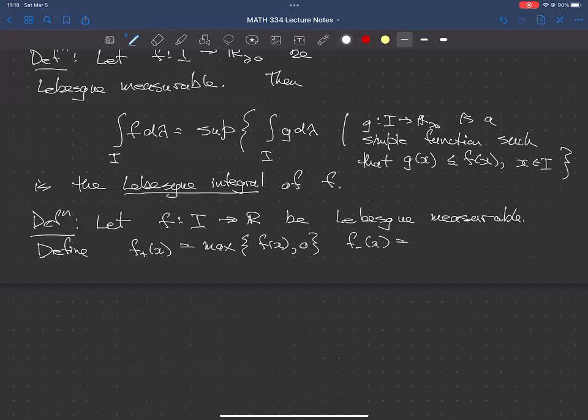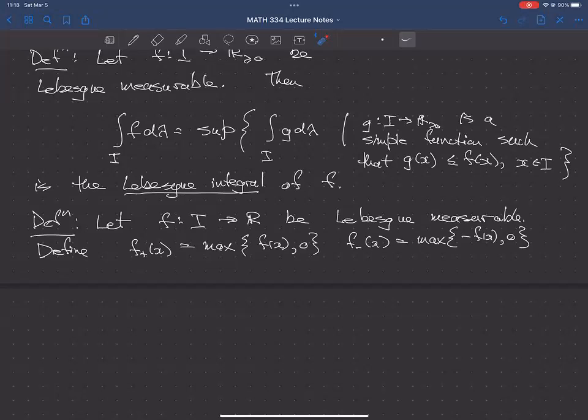Okay, and then I'm going to take the negative part in the same way. Both f plus and f minus are non-negative valued. And you have to show some things here. You have to show that if f is Lebesgue measurable, then so are each of these.